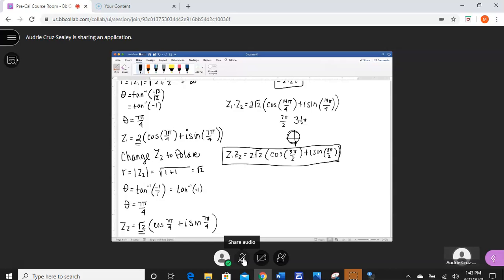I'm stopping. So we did Z1 times Z2. We multiplied the R's. I think everybody's okay with that. We added the angles. So 7 pi over 4 plus 7 pi over 4 gives you 14 pi over 4. However, you went more than one rotation around the unit circle. So if you simplify that, that's 7 pi over 2, which of course is 3 and a half pi.